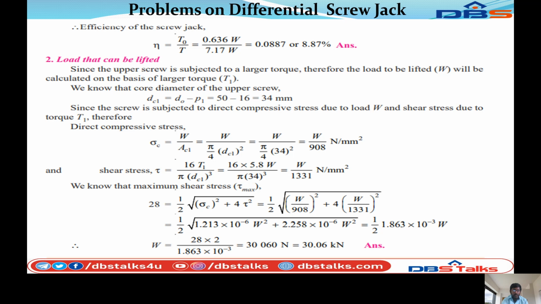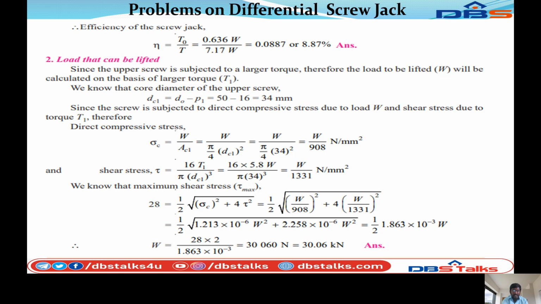That is equal to 1 by 2 into square root of 1.213 into 10 power minus 6 W square plus 2.258 into 10 power minus 6 W square. Calculating the value, that is 1.863 into 10 power minus 3 W. So this is the total value.